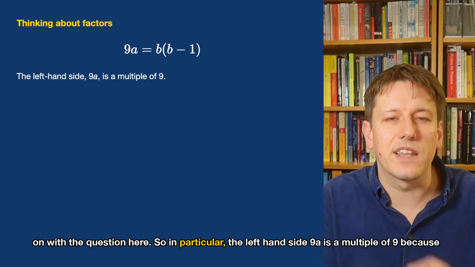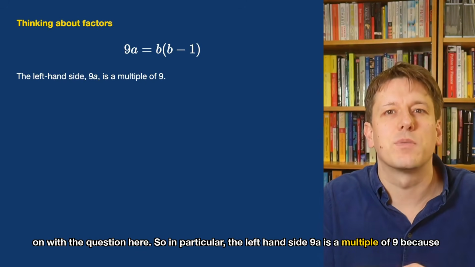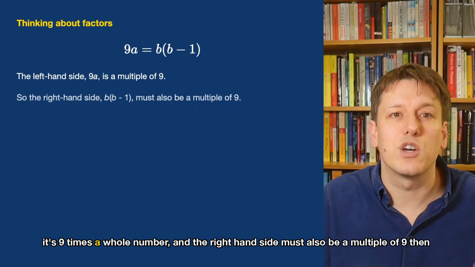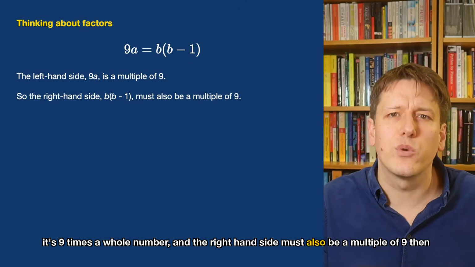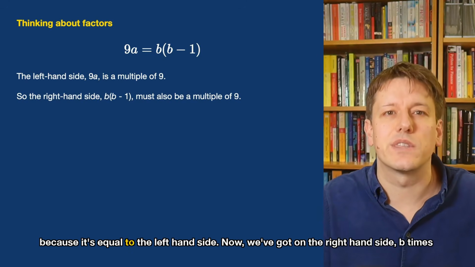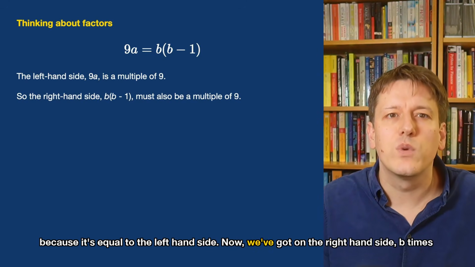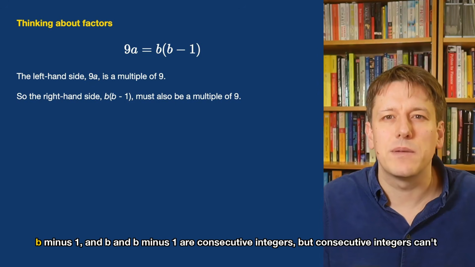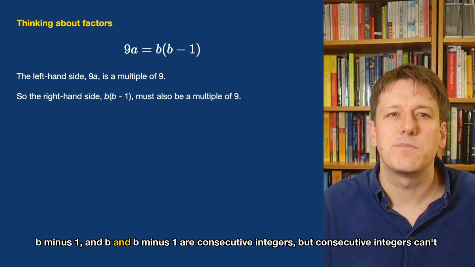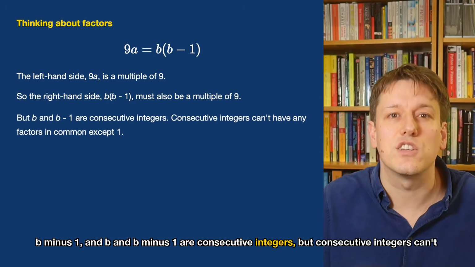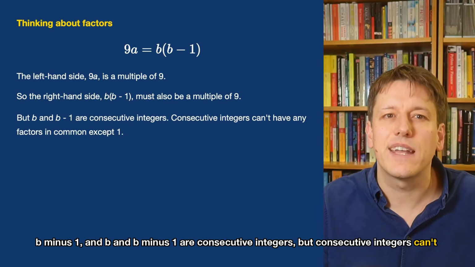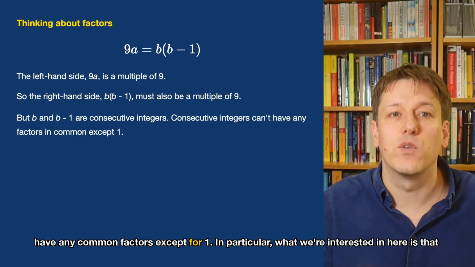So in particular, the left-hand side, 9a, is a multiple of 9 because it's 9 times a whole number. And the right-hand side must also be a multiple of 9 then, because it's equal to the left-hand side. Now, on the right-hand side we've got b times (b minus 1), and b and b minus 1 are consecutive integers. But consecutive integers can't have any common factors except for 1.